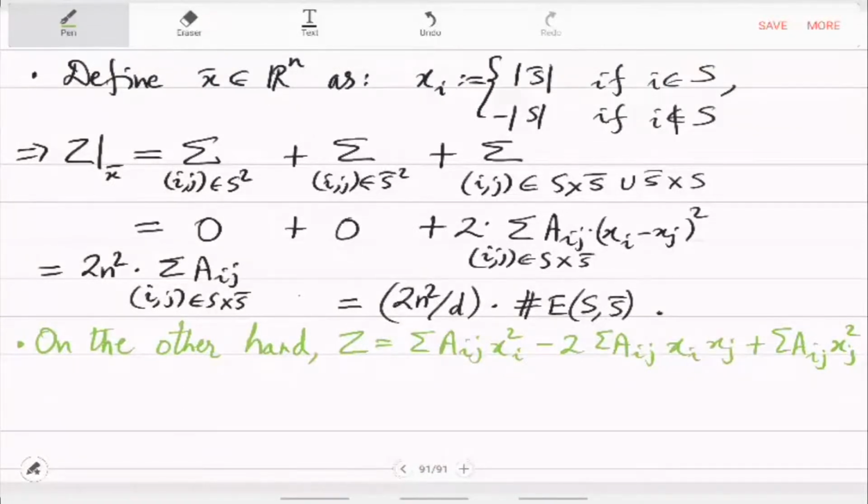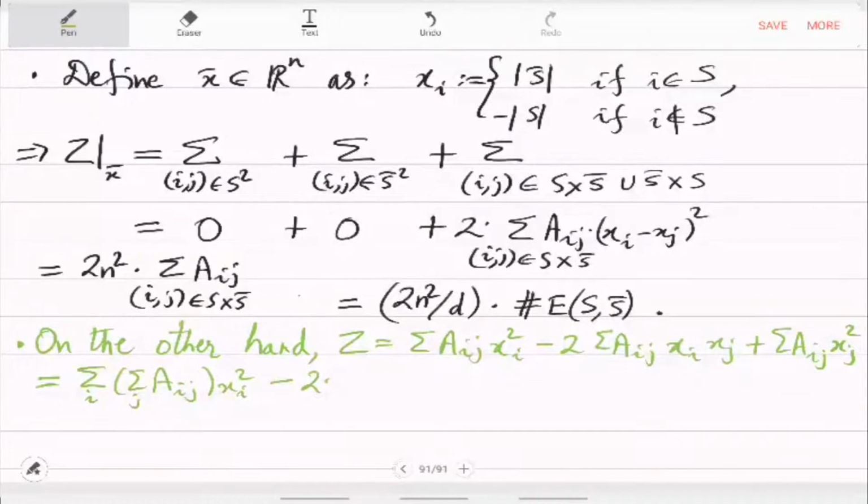Which is equal to sigma i outside, sigma aij j here, minus 2 sigma aij xi xj.